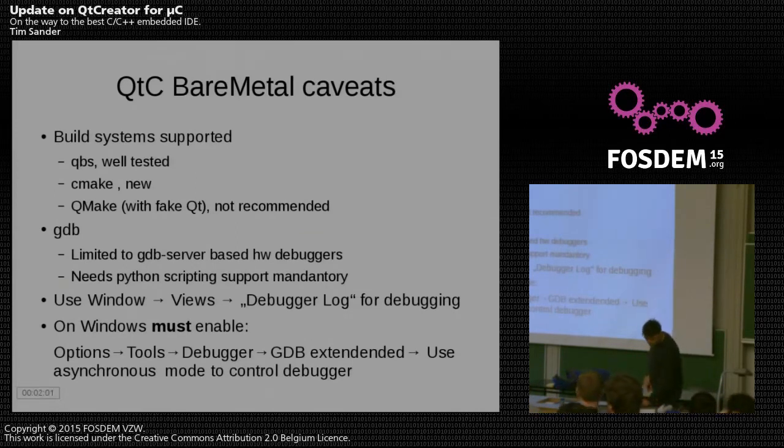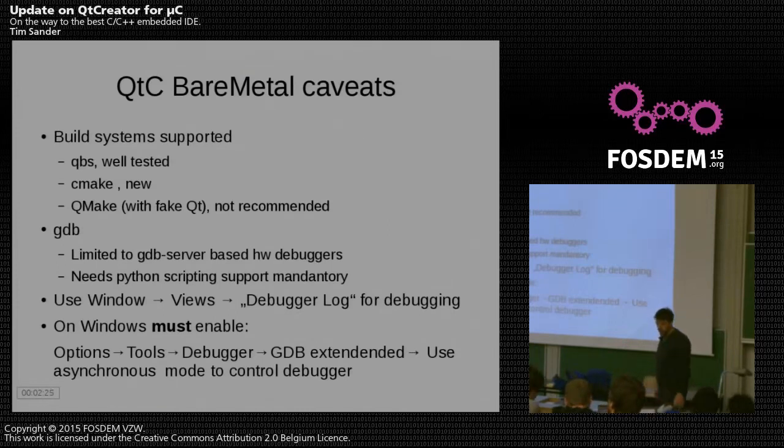Yeah, and if you have problems, there's a debugger log, and it shows you all the stuff they're talking about, if the backend's talking with the GDB backend, and you see pretty easy, if you know a little bit GDB protocol, what's going on. And it's pretty good for debugging.